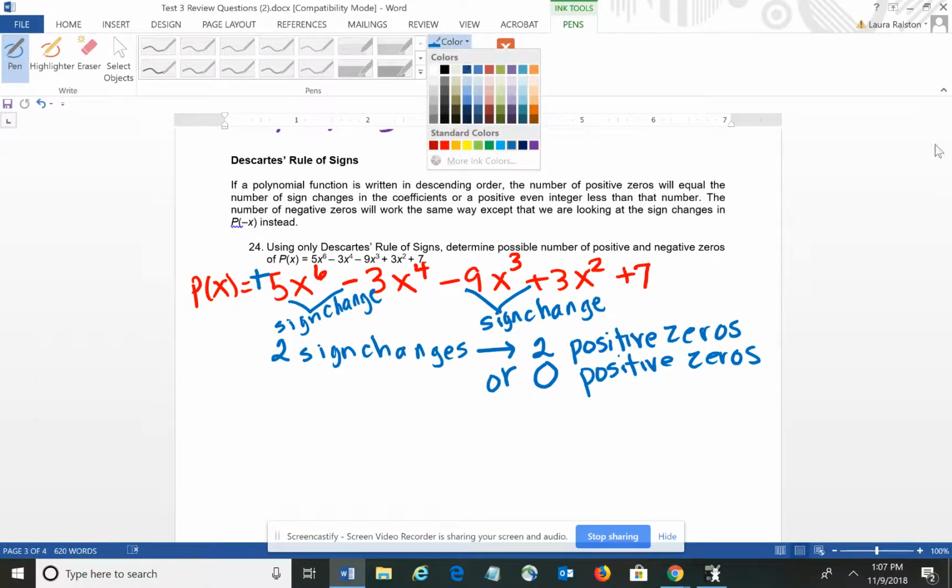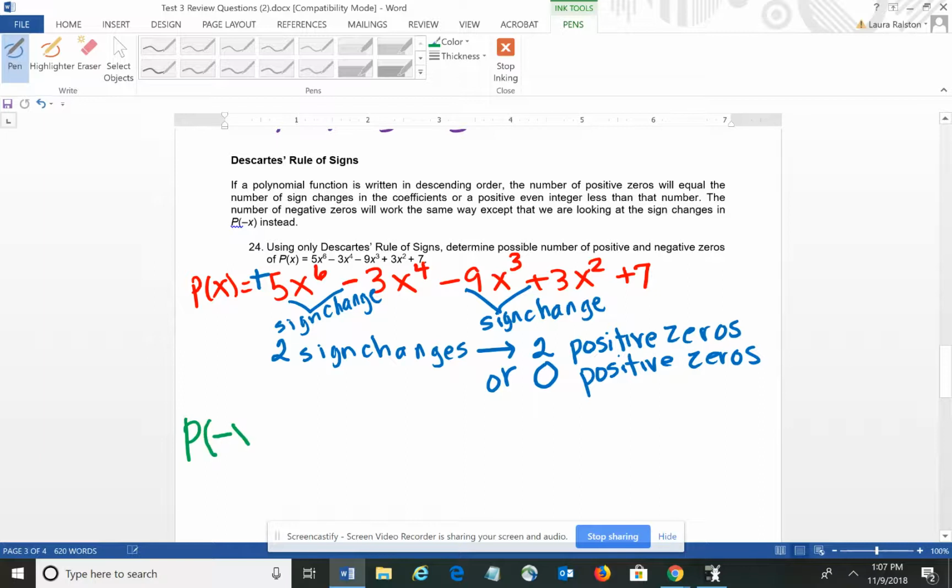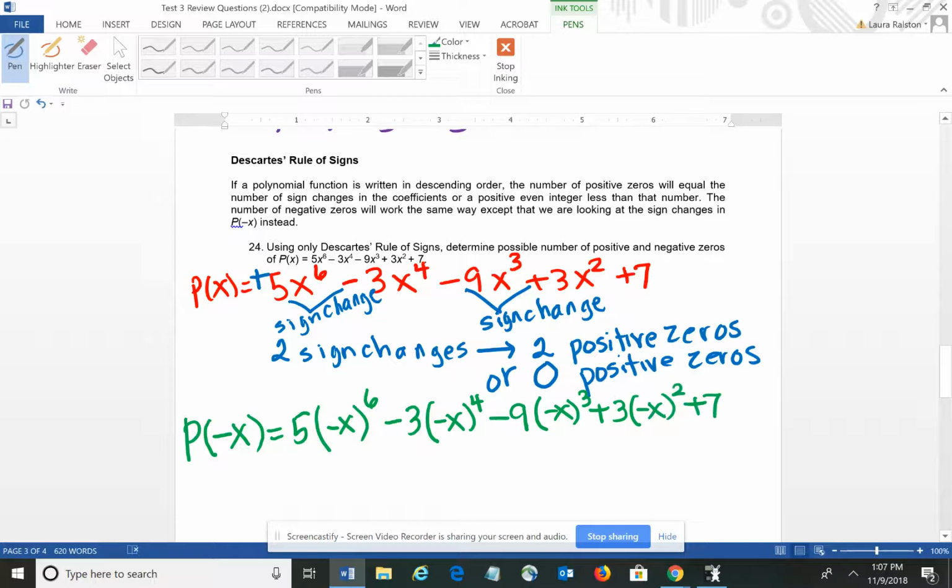Then to consider whether or not you have negative zeros, instead of using the original function, we substitute negative x into the function all the way across. So we would have 5 times negative x to the 6th minus 3 negative x to the 4th minus 9 negative x to the 3rd plus 3 negative x squared plus 7.